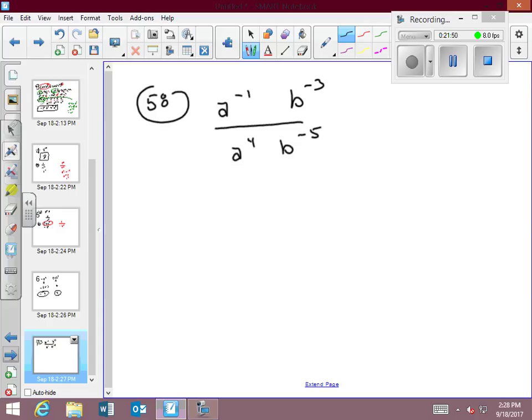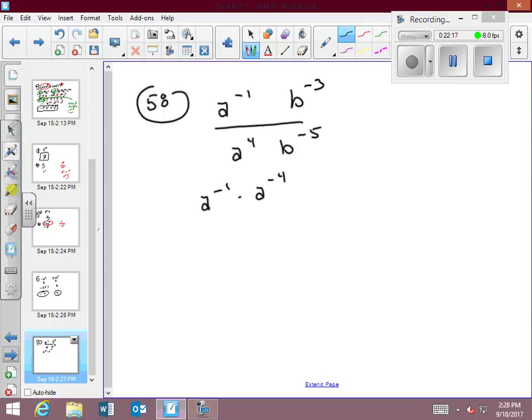We can multiply numbers together first and then divide. We can divide numbers and then multiply. We can alternate. We could take this number right here, a to the minus 1 in the numerator, and we can take this one in the denominator, a to the minus 4, right?